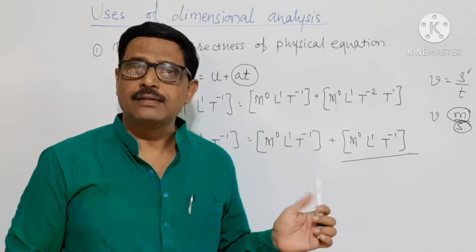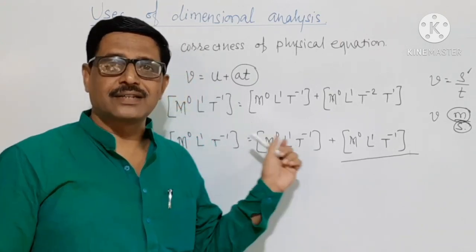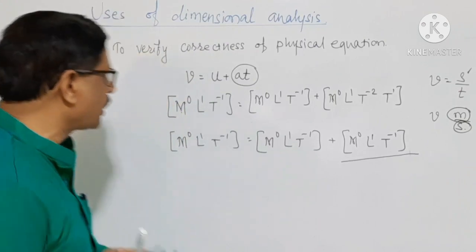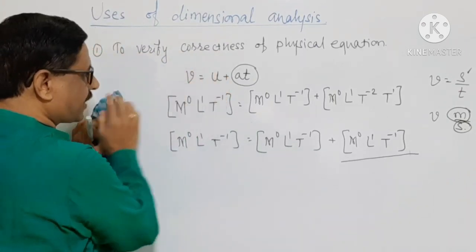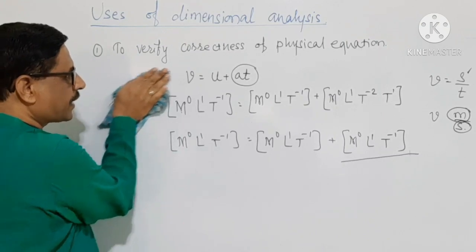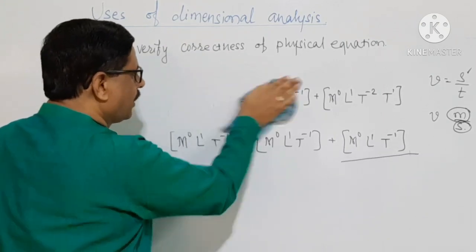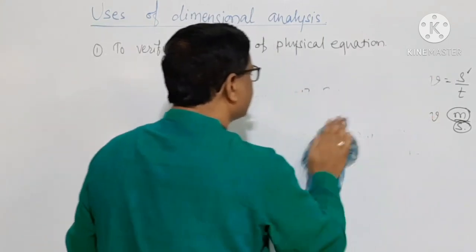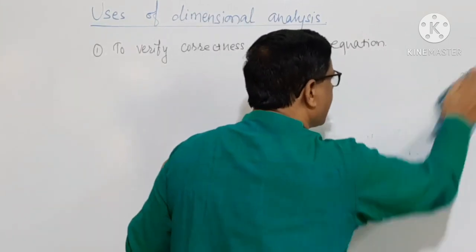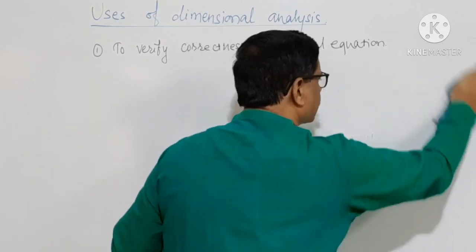This will verify whether the equation is true or not. The equation is said to be correct if it is dimensionally correct. If an equation is dimensionally correct, then we say that the equation is homogeneous and it is a true equation.